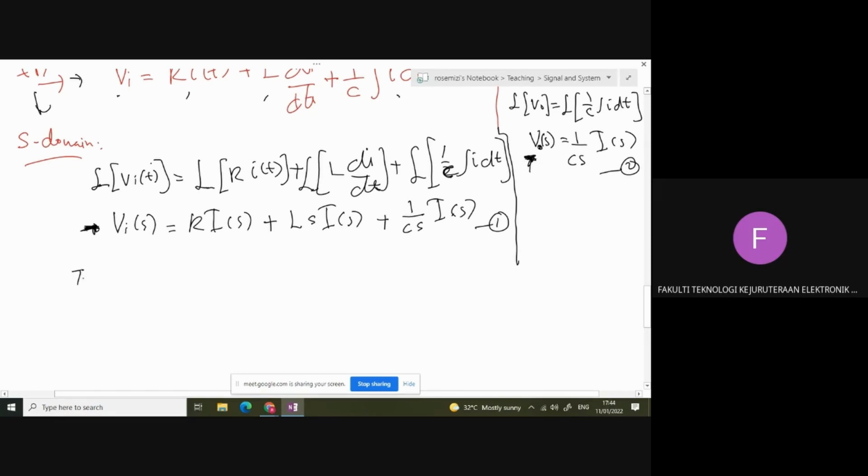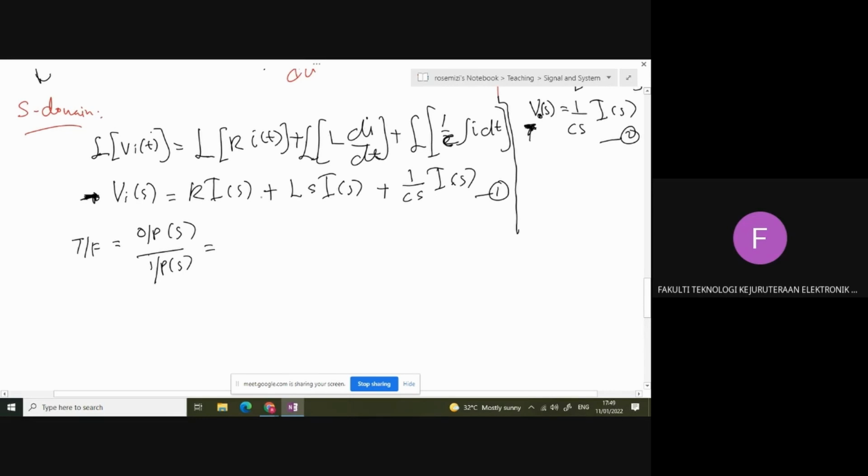So we know that the transfer function is equal to output S domain divided by input S domain. So what we get is equation 2 divided by equation 1. Vout is 1 over Cs I(s), over R plus Ls plus 1 over Cs times I(s). Now we cancel I(s). So we have 1 over Cs divided by R plus Ls plus 1 over Cs.